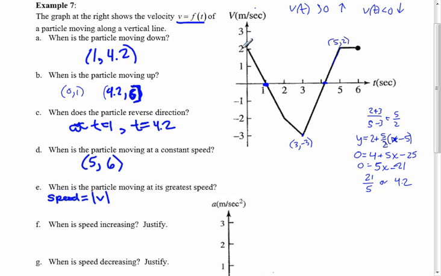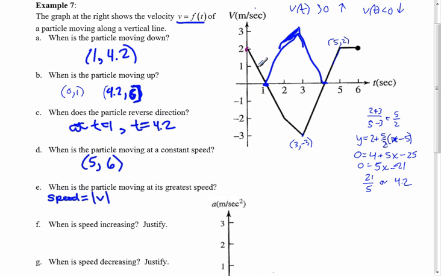So if I was going to draw the speed graph, I could just reflect this up here because it's absolute value. It's not quite symmetrical, I should have more of a turn here. But the highest speed, where is it furthest from the x-axis?